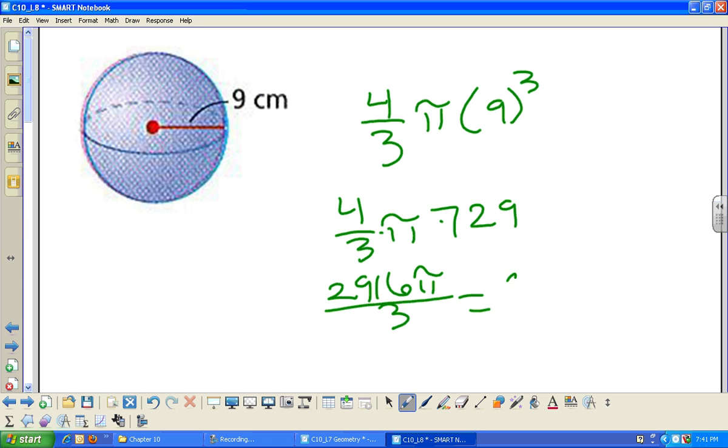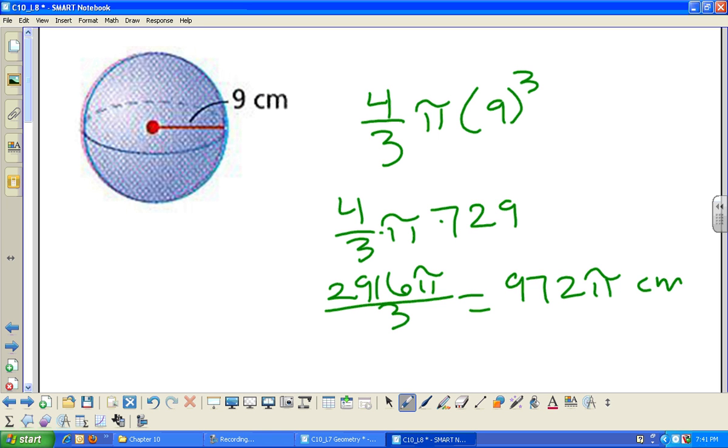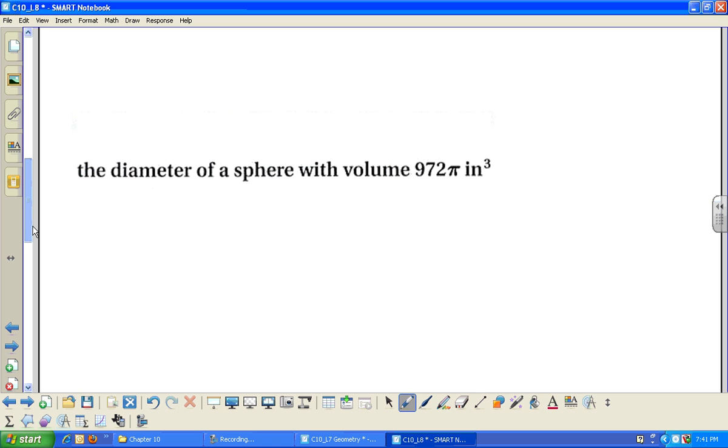And if I divide that, that's 972 pi centimeters cubed. Volume's always cubed. Or if you multiplied it out, it would be 3,052.08 centimeters cubed.